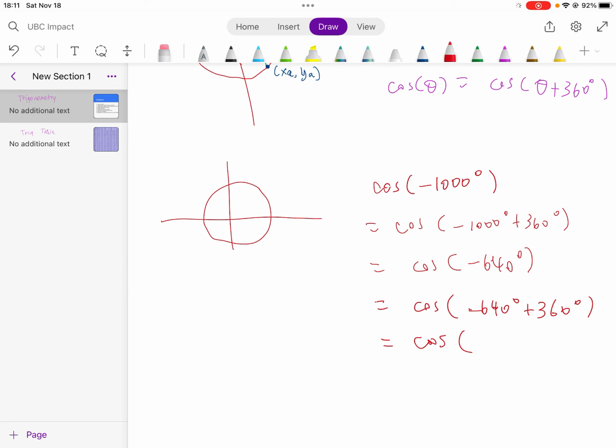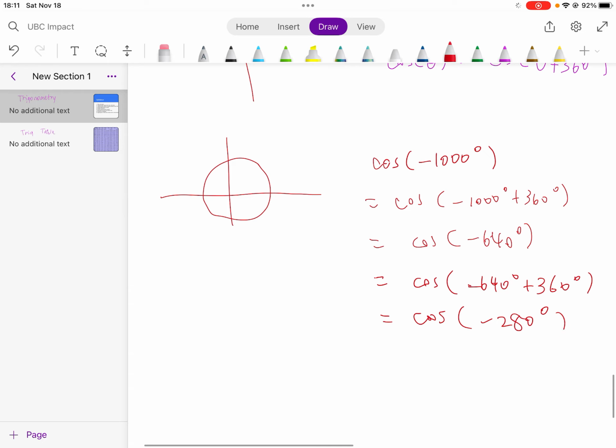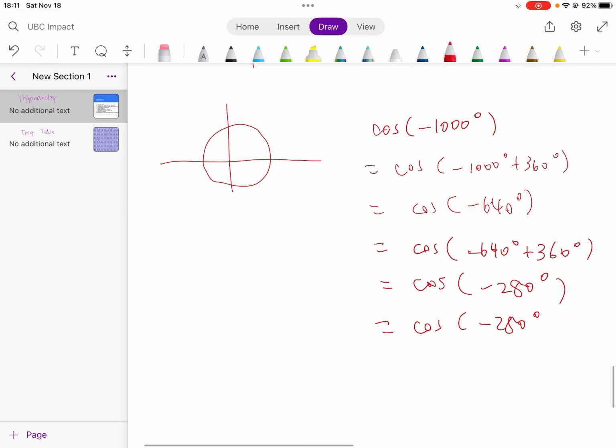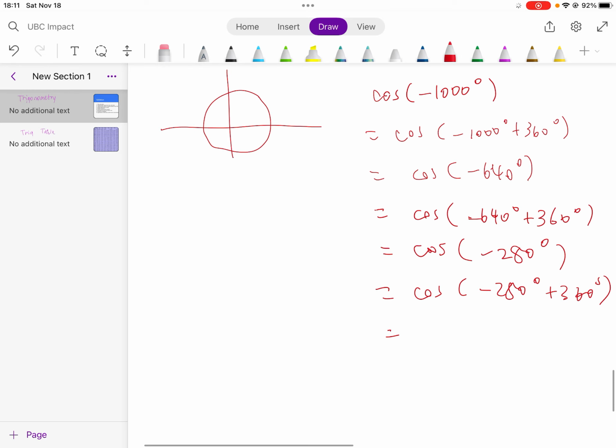And if you do the math here, you will notice that this number is negative 280 degrees. And it's still less than 0, so we're going to add 360 again. And if we add again, you'll notice that this is equal to the cosine of 80 degrees.